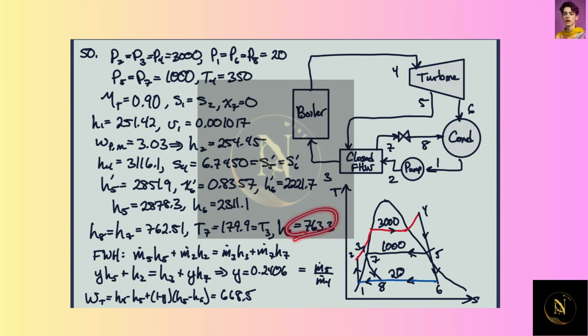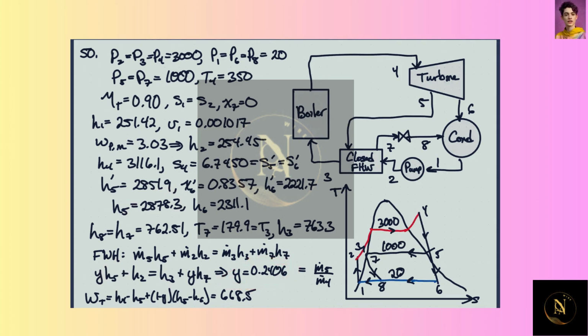And 3 is the same. And so here we have now this energy conservation for the control volume around the closed feed water heater. We wind up with, let's see here, entropy at 2 is the same, at 3 is the same, at 5 it's different. So we're going to get a slightly different value here.